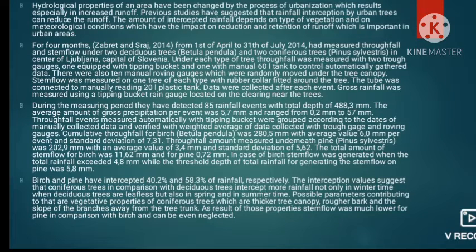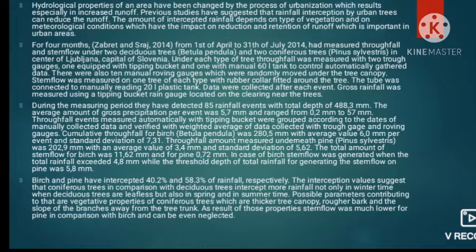Zabret and Šraj, 2014, from the 1st of April to the 31st of July 2014, measured throughfall and stemflow under two deciduous trees, Betula pendula, and two coniferous trees, Pinus sylvestris, in the center of Ljubljana, capital of Slovenia.